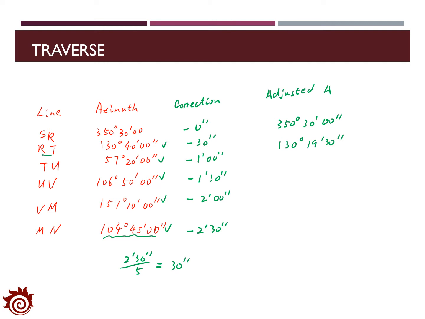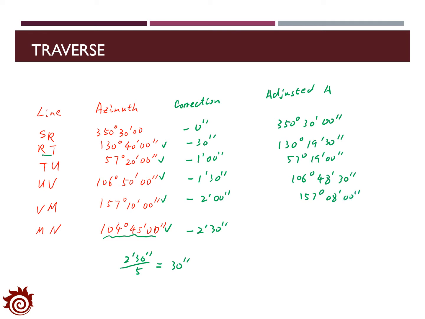The third one is 57 degrees, 19 minutes. For UV, it's 106 degrees, 48 minutes, 30 seconds. VM is 157 degrees, 8 minutes, 0 seconds.